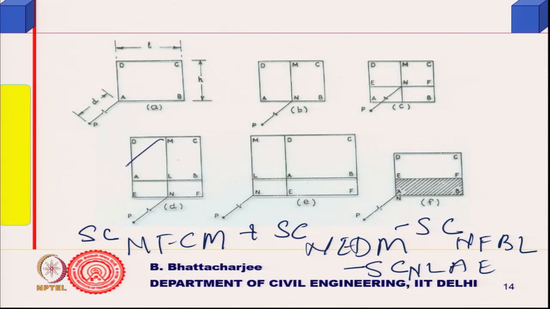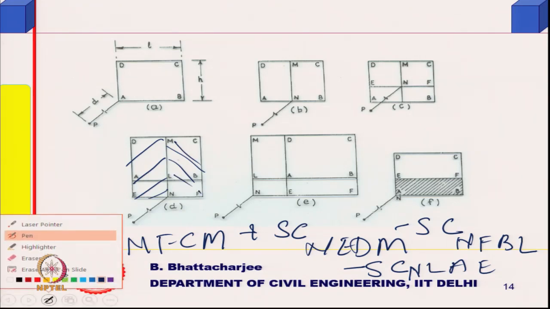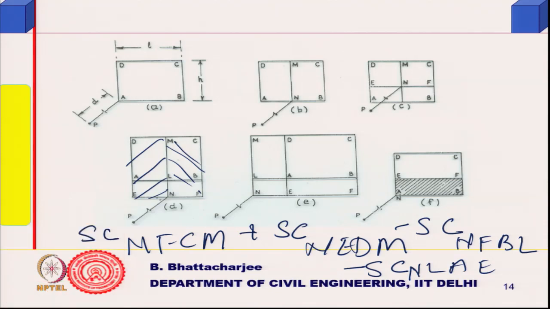First I find out for this portion in full and also for this portion in full quantity. Then I find out for this portion, which I subtract, and then this portion, which I subtract.